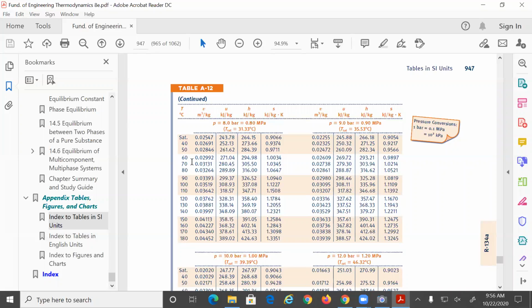So 8 and 70, you have H will be equal to 305.5. Okay, so 305.5 kilojoules per kilogram.